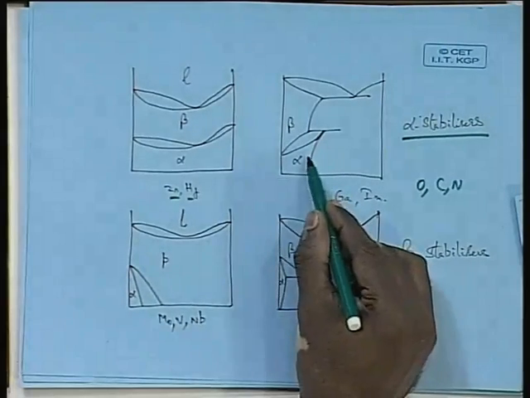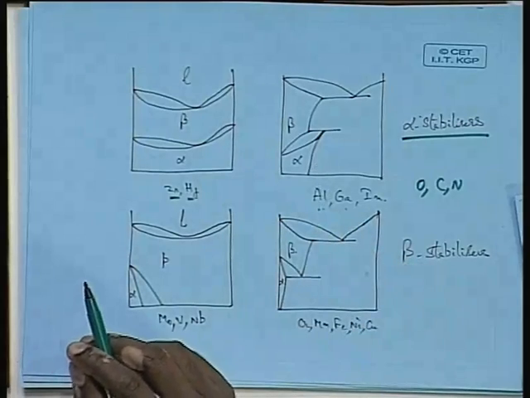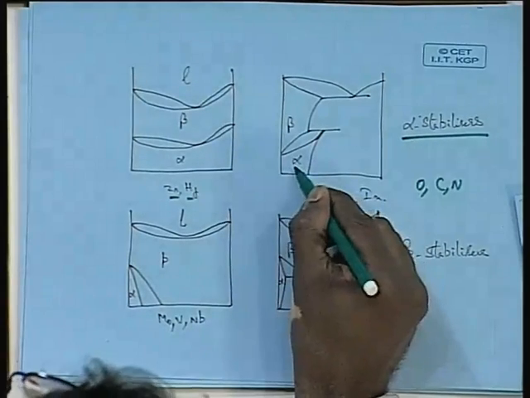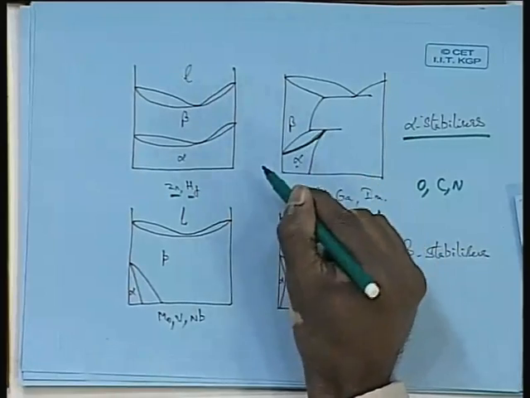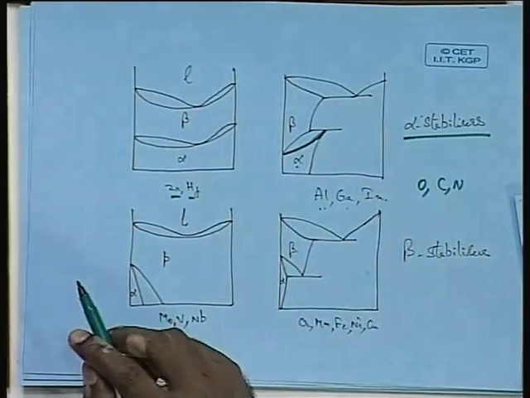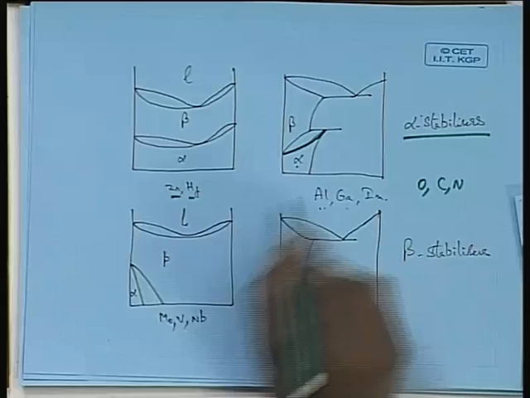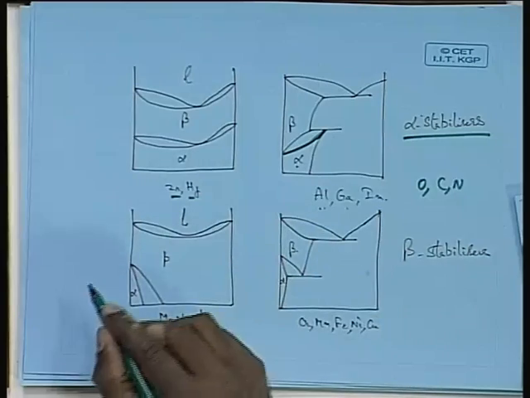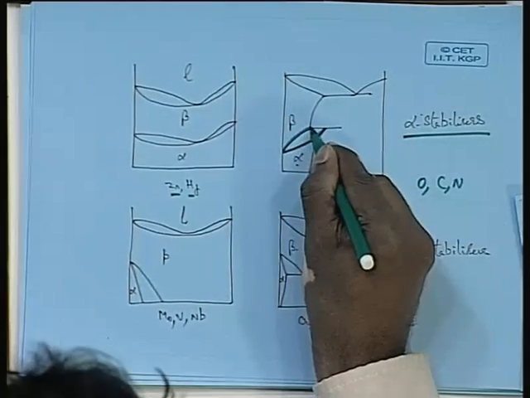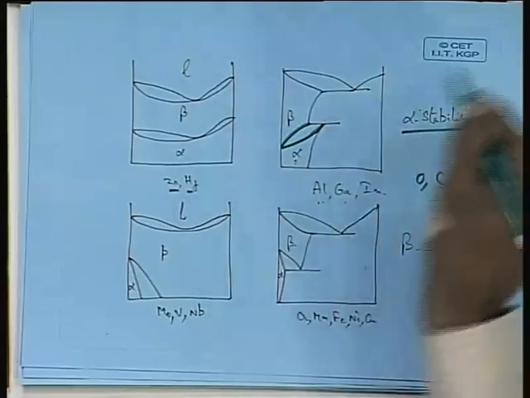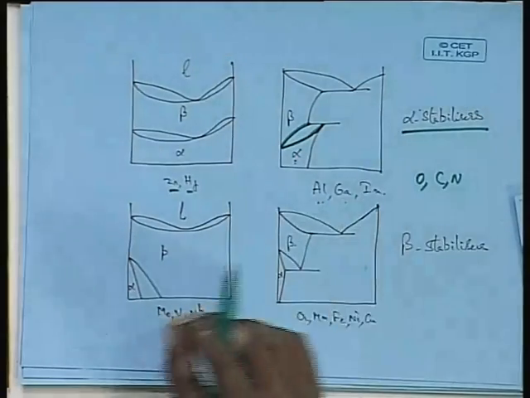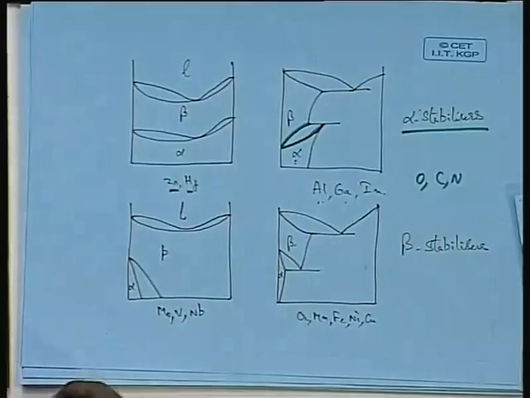How do you know alpha is stabilized from this phase diagram? We can see that the alpha to beta transition temperature, which is given by this line, is going up with increasing amount of the stabilizer. That means the alpha transforms to beta at a higher temperature when you add an element which stabilizes alpha.